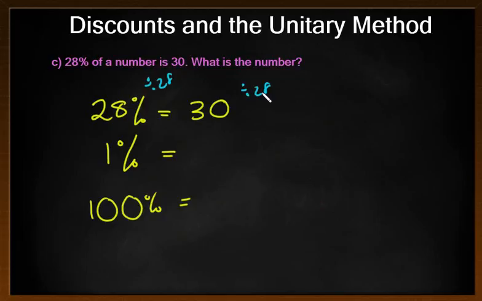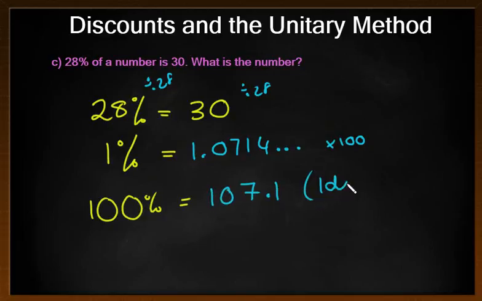So 30 divided by 28, we get 1.0714 ellipsis. I'm going to simply now times that by 100 to get my answer. Now, I didn't give you a real good answer there, but we got 107.1. That's rounded to 1 decimal place, or 107 to the nearest whole number.